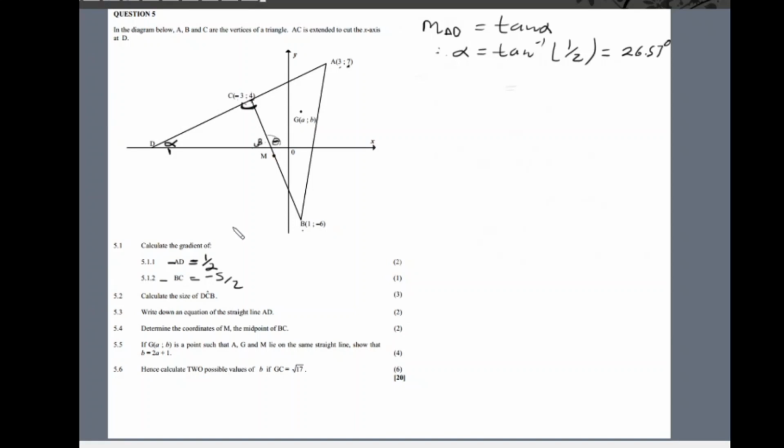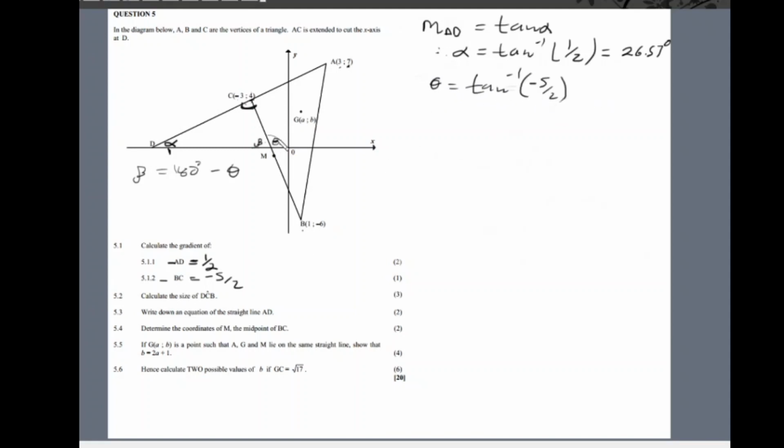I'll first use the gradient to calculate theta, and then use the concept of angles in a straight line to calculate beta. So beta will be equal to 180 degrees minus theta, because they are angles in a straight line. To calculate theta, I'll use the gradient of BC. So theta will be tan inverse of the gradient of BC, which is minus 5 over 2.